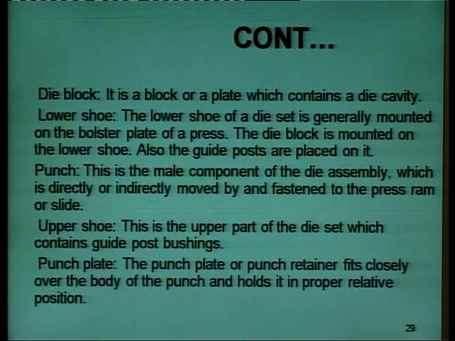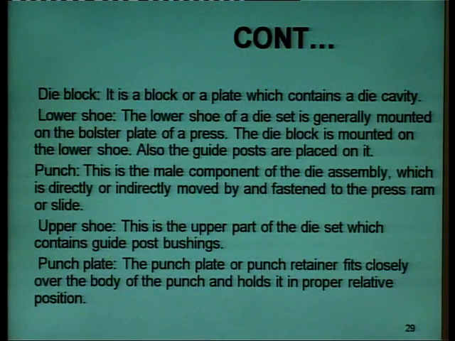Now, the die block is a block or plate which contains a die cavity, meaning the shape of the die is included in the die cavity. Now, next comes the lower shoe. The lower shoe of a die set is generally mounted on the bolster plate of the press, and the die block is mounted on the lower shoe.